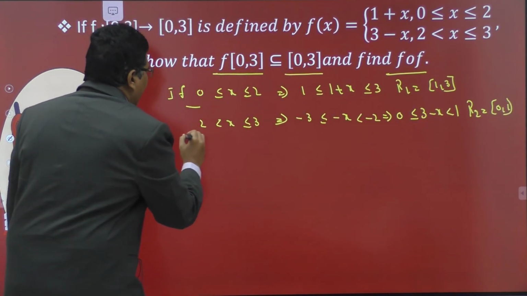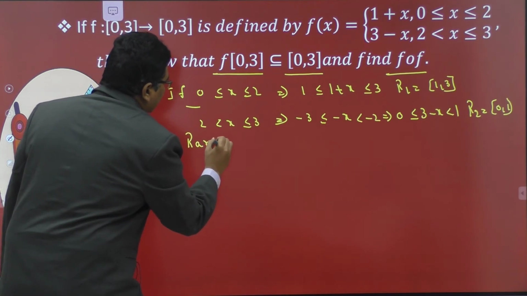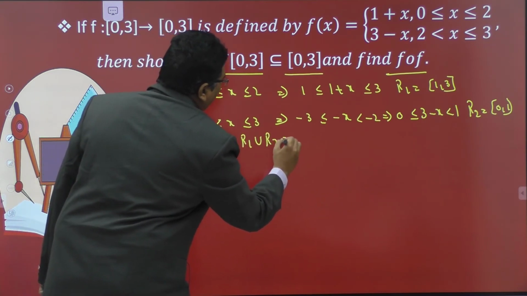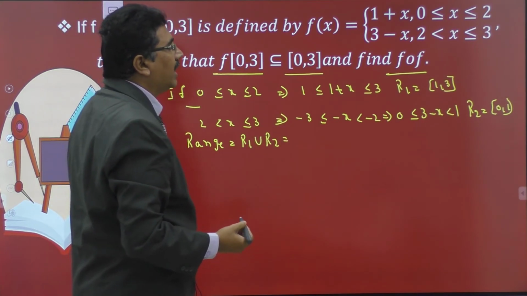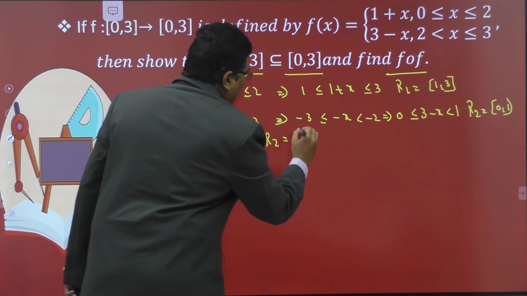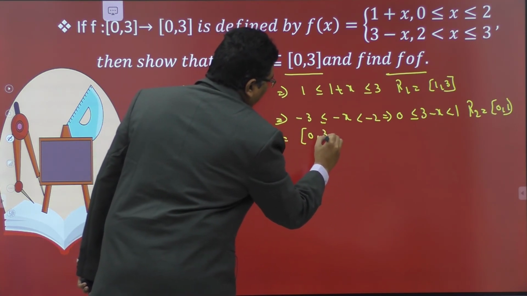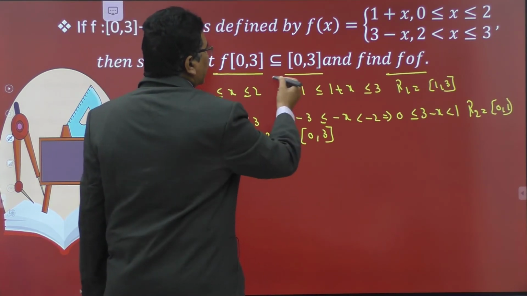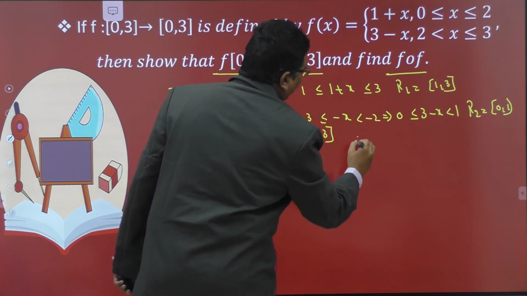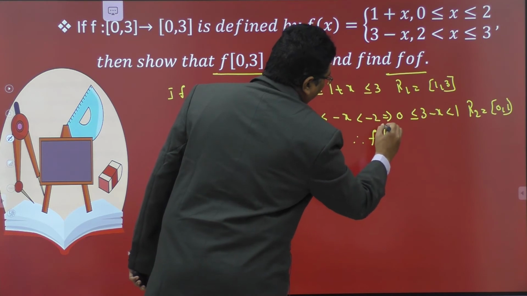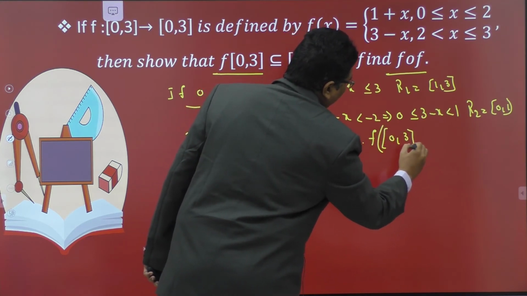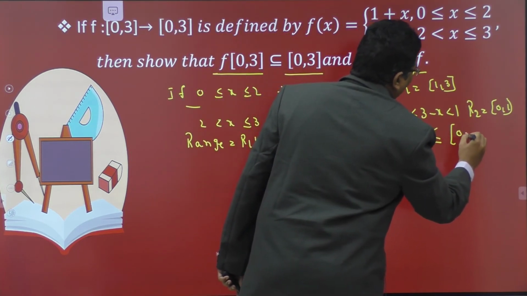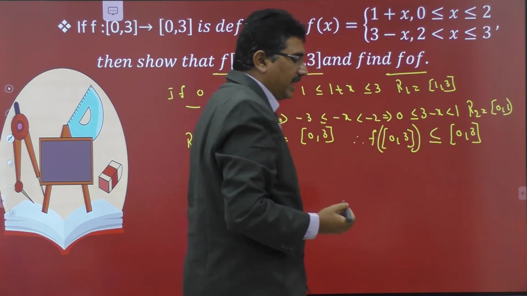Now the range is R1 union R2, that is equal to the closed interval [0, 3]. Therefore the range is a subset of codomain, that is f of [0, 3] is a subset of the codomain [0, 3]. Right. First part is over.